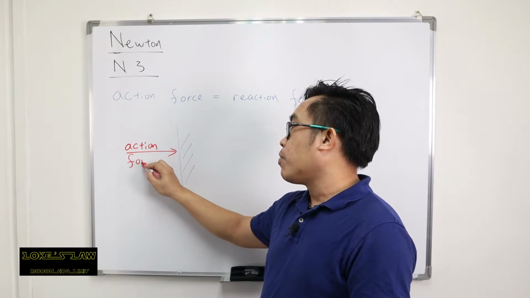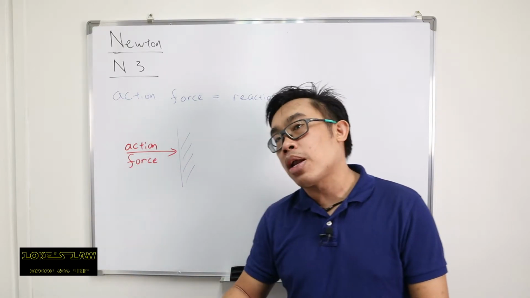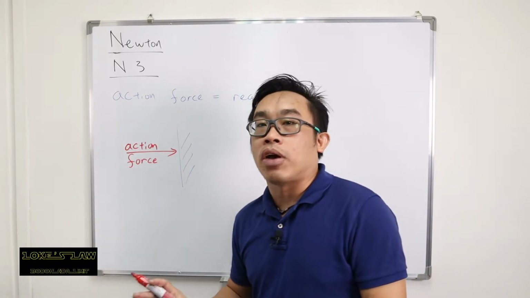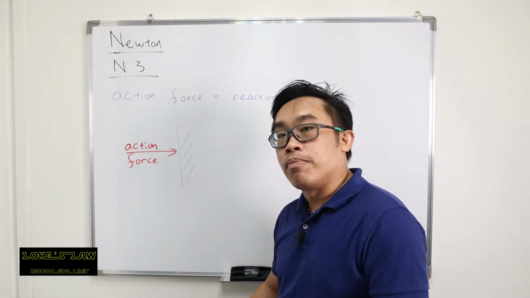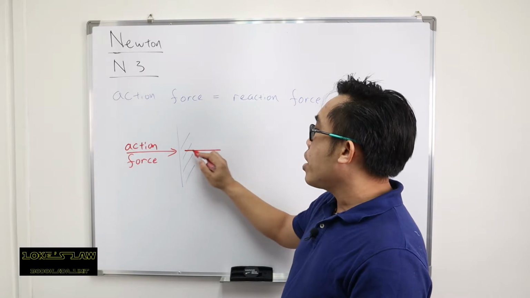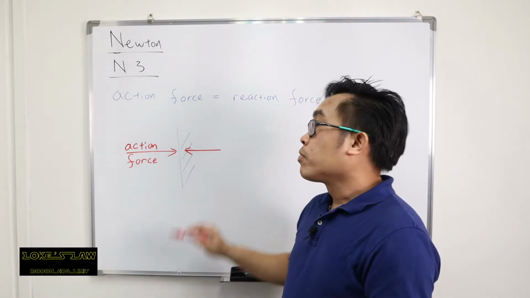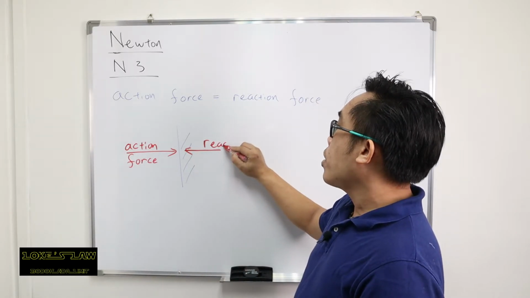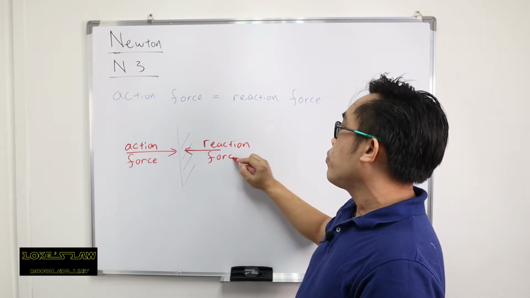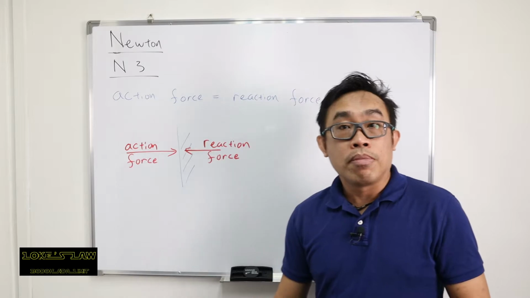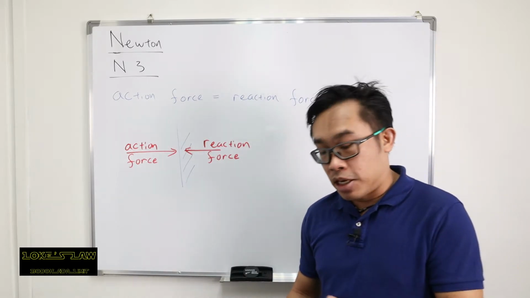When you apply any kind of action force on any kind of object or surface, at the same time there will be a reaction force, acting in exactly the opposite direction to the action force. And the best part is, they must be the same.